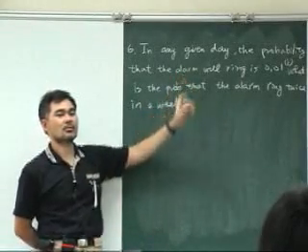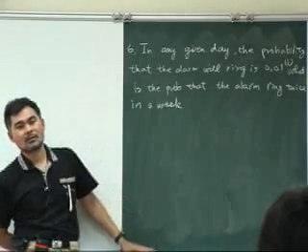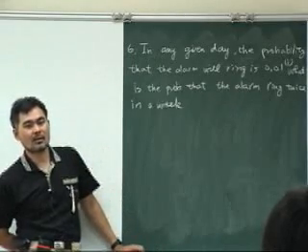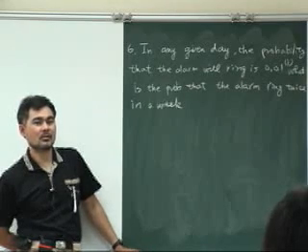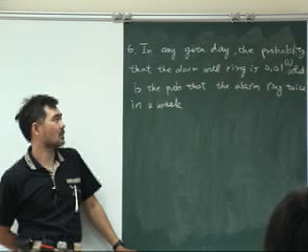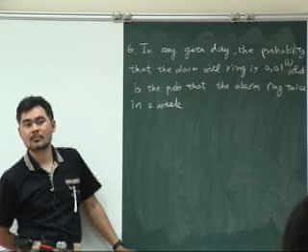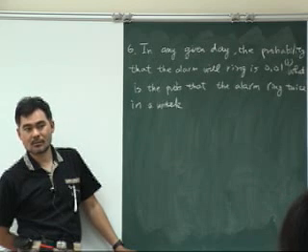The probability is 0.01 in any given day. So in one day, the probability the alarm will ring is 0.01. And now, what is the probability that the alarm will ring twice in a week?